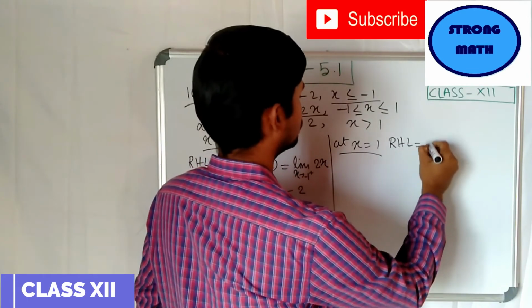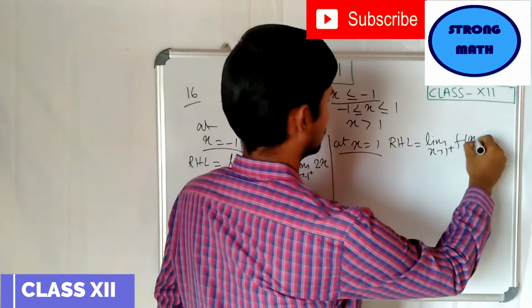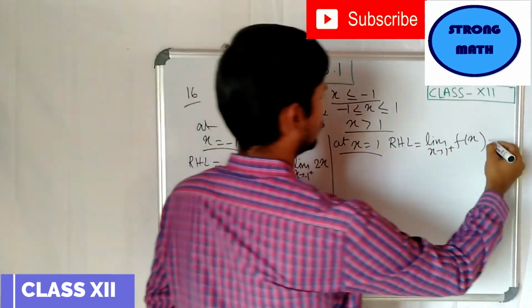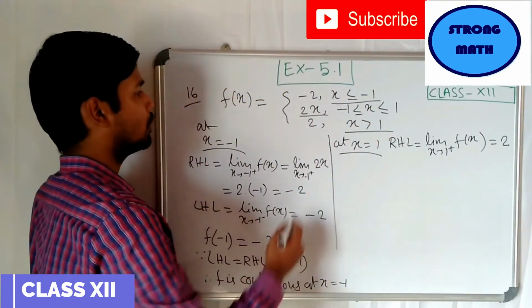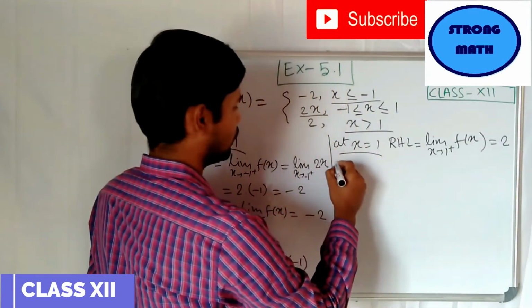Right hand limit equals limit x tends to 1 plus f of x. Right hand side of 1 is x greater than 1 and the value is 2. As there is no x involved here, we can directly write 2. Similarly, find the left hand limit.